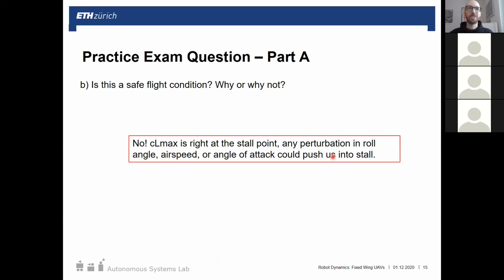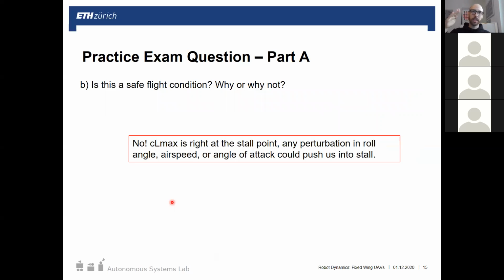So let's answer the question. Is flying at CL max, right at the stall point, safe? I would say not. When we're flying around, there are lots of little gusts that can happen. Our plane is not perfect. The autopilot controller is not perfect at stabilizing an exact angle.